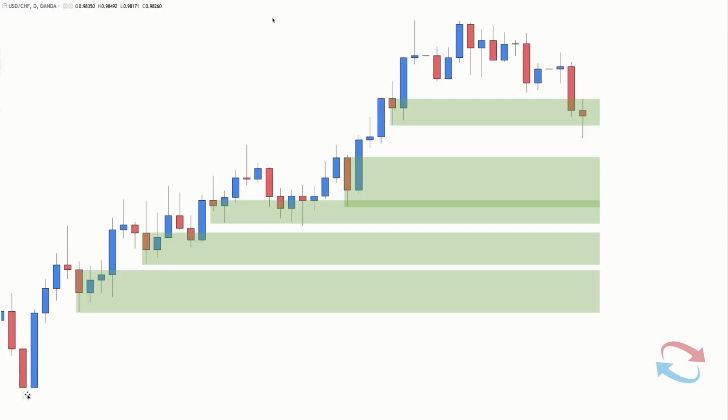Also, you have to keep in mind the overall bigger picture. Remember that as we go higher, this would be considered a very cheap area. Halfway would be considered the value area or fair value area. And then if we're looking at the highs of the market after seeing this move, and remember this is the daily chart from here to here, you want to try not to buy at all-time highs unless you do believe that the market is going to go higher.